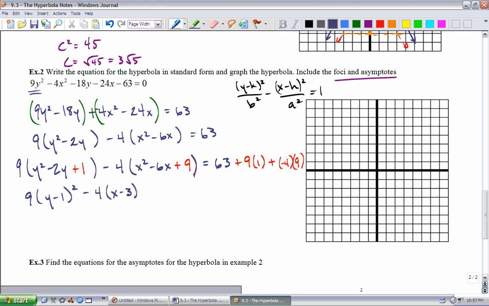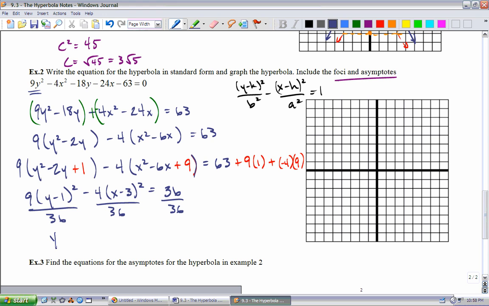X minus 3 quantity squared equals, okay, I have 63 plus 9, 72 minus 36 becomes 36, and then to get it in standard form I have to divide both sides by 36.